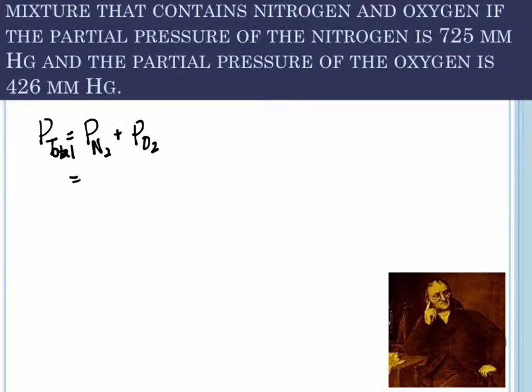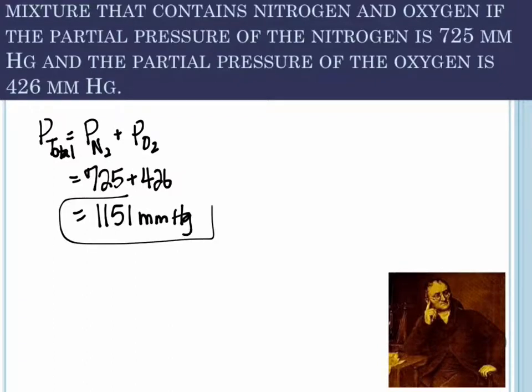So 725 plus 426, and we get 1151, and the unit is millimeters of mercury.